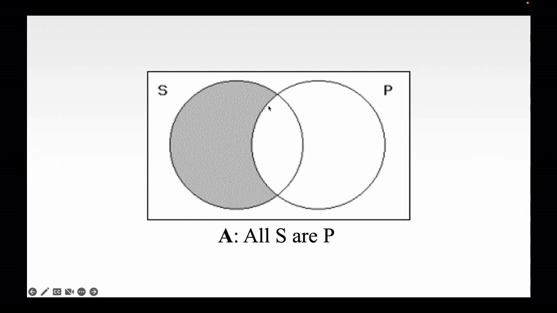Now, notice that area 1 is completely shaded, because in order for me to say that all bananas are yellow, remember, I have to eliminate, so I have to shade in the entire area where bananas that are not yellow would exist. So because I want to say that all bananas that exist are only yellow, then I have to eliminate all the bananas that are not yellow, which would reside in area 1.